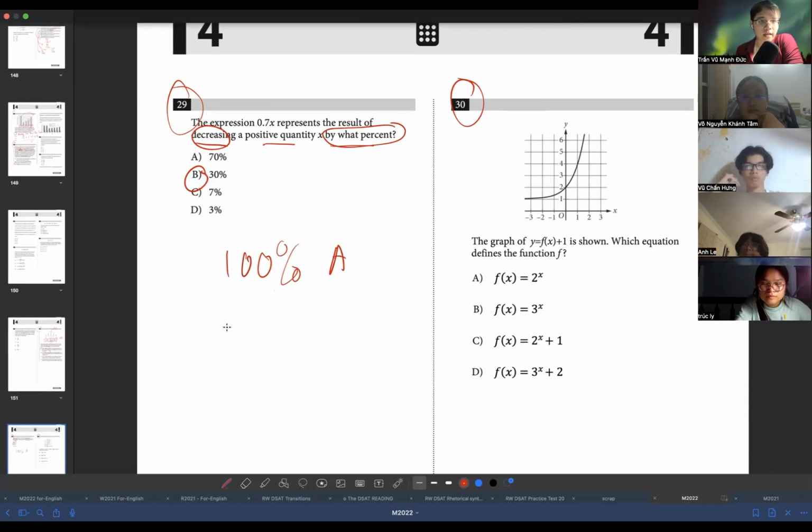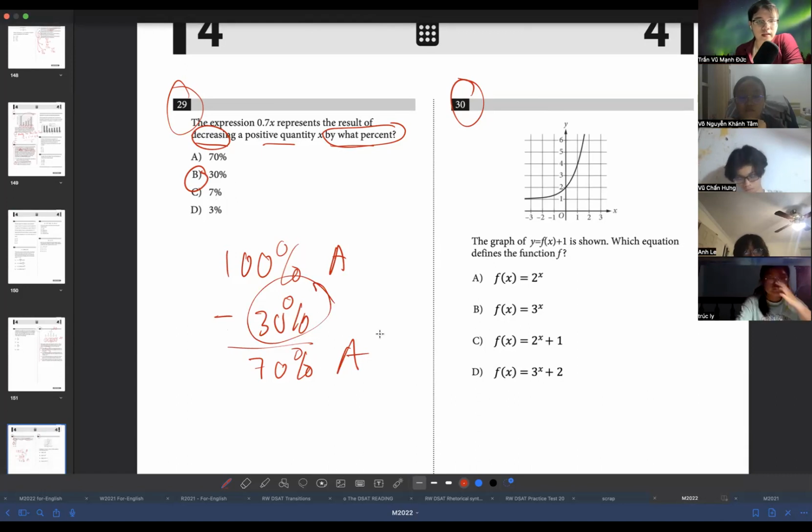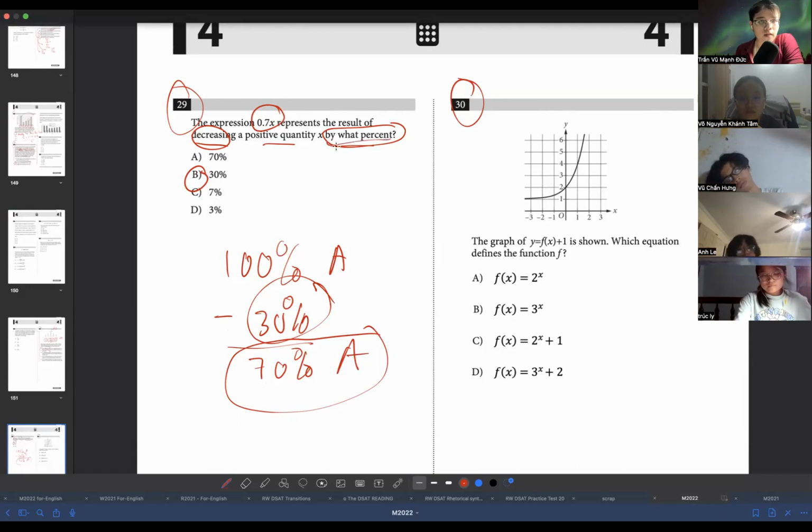If I decrease A by 30%, I will remain with 70% of A. So I decrease by 30% and it leaves me with 0.7, which is 70% of X. So it's not A, it's B.